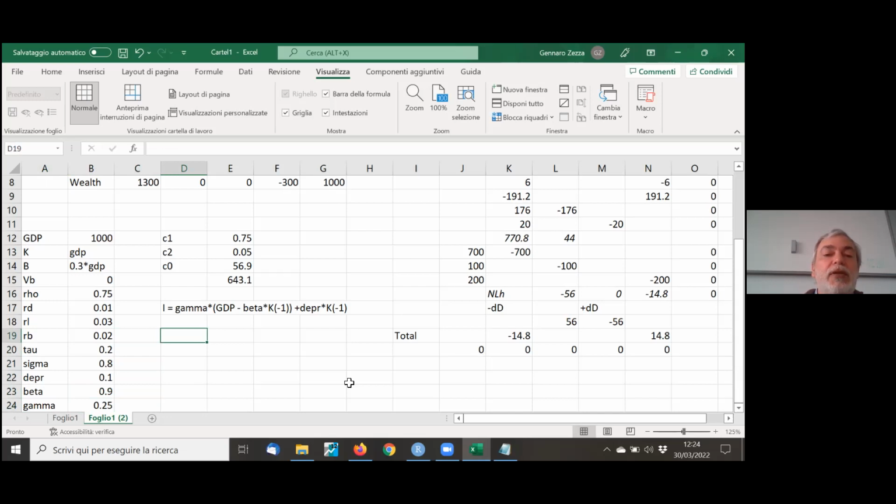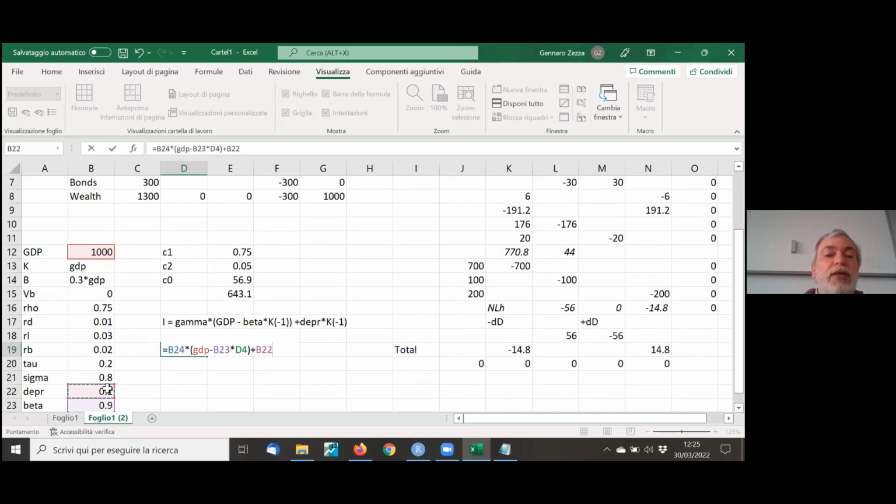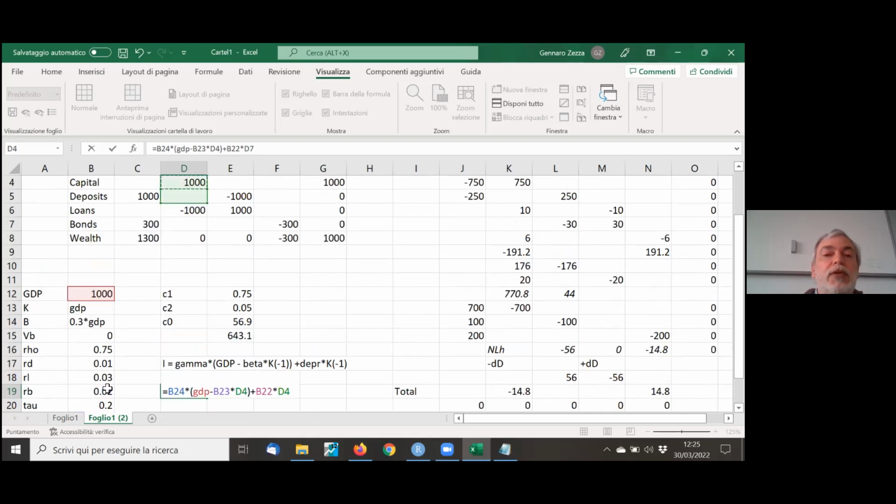So for these parameters, investment will be equal to this gamma times our GDP, minus this beta times the stock of capital, which I have in here, plus the depreciation rate times the stock of capital.